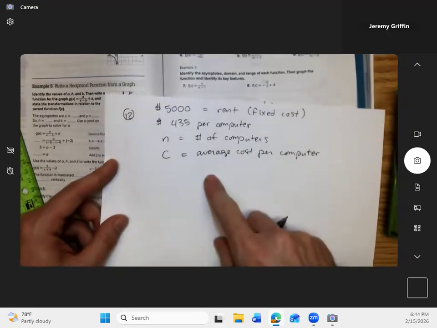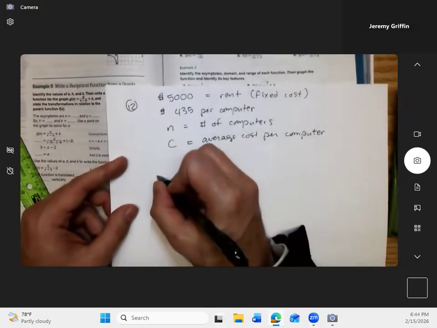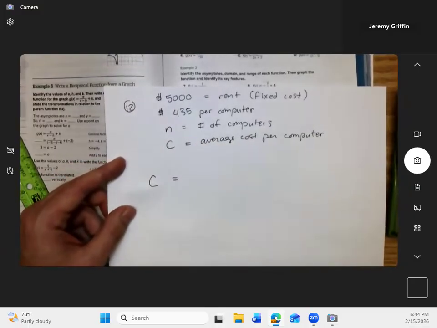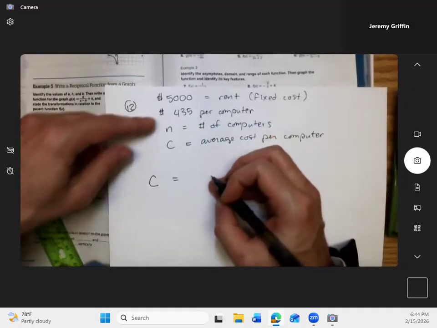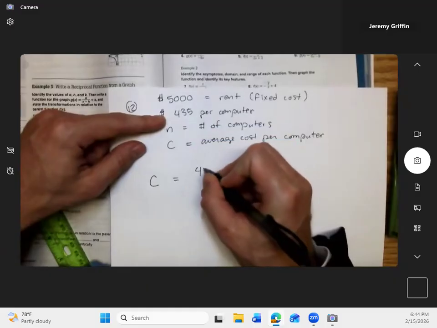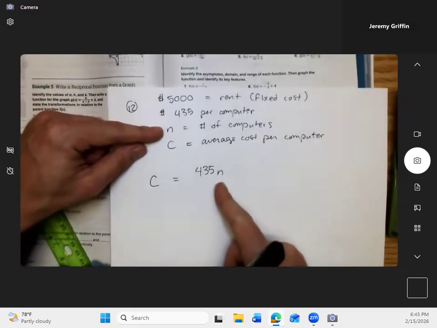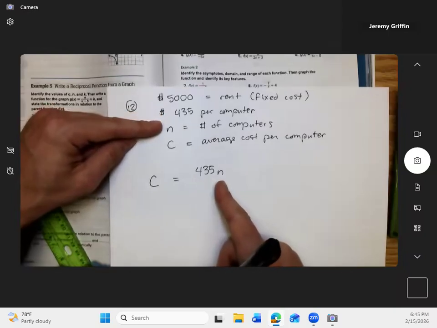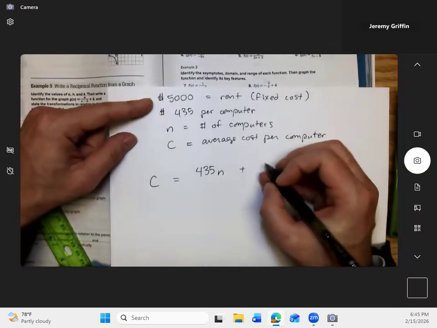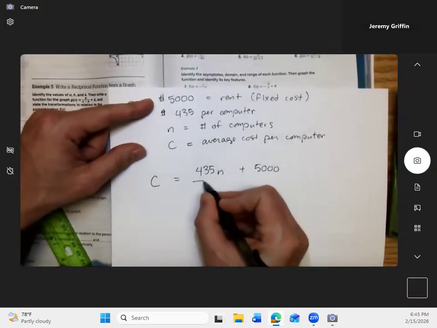Average cost sounds like the total dollars divided by the total number of computers. So let's see if I can set that up. The total cost would be $435 per computer times the number of computers, because it costs them $435 every time to make a computer, plus this $5,000 rent, regardless of the number of computers they make.